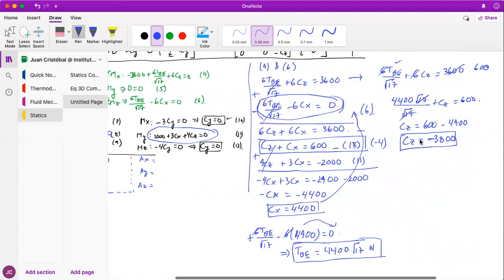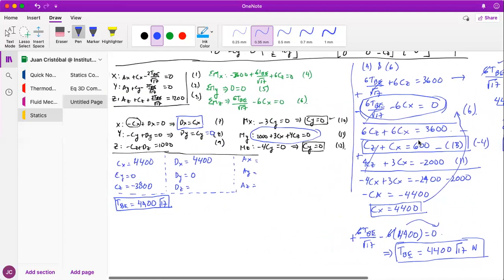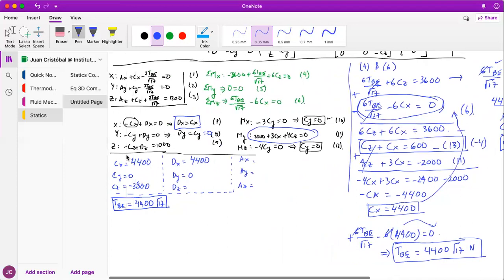And then what else is missing? Okay, so I have fulfilled this stuff. What about DC? Okay, so DC from 9. Let me just put it here. From 9, what I will get is that minus 3800, which is CC, plus DC equals 1000.